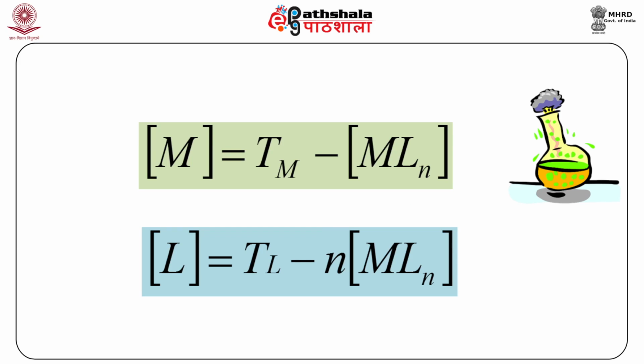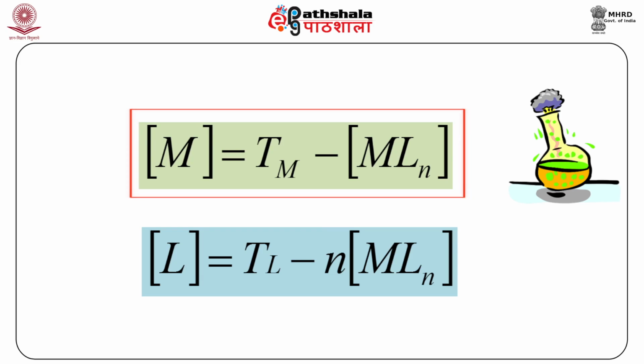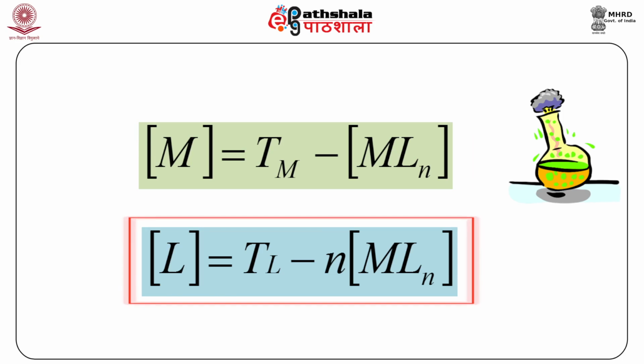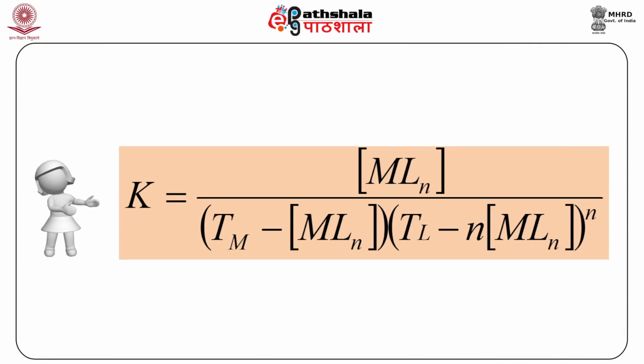Now, the concentration of metal M is equal to the total metal concentration Tm minus the concentration of MLn. Also, the concentration of ligand L is equal to TL minus n times the concentration of the metal-ligand complex MLn. Substituting the above values, the constant K is given by this equation, where Tm and TL are the total concentrations of metal and ligand respectively.